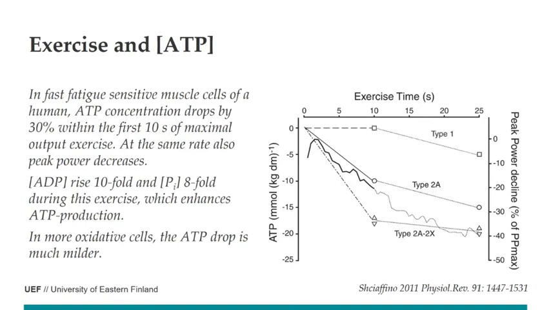And if you have these fully oxidative cells, the ATP drop is very minimal. There's no change during the first 10 seconds. And even after that, it's only a few millimoles of the ATP that has dropped. So nothing like the glycolytic cells. So that's why it's better to have a mixture of different cells in different muscles so you can move all the bones.